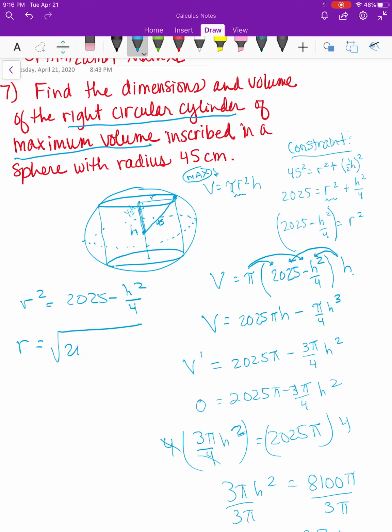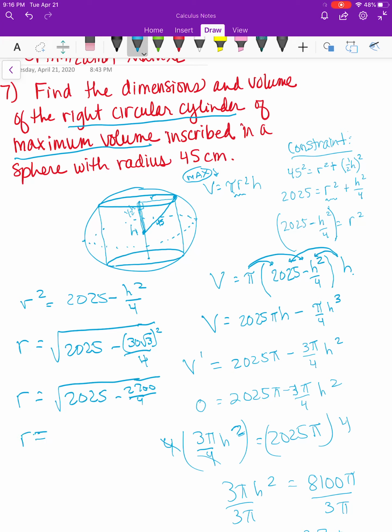Then I would have taken my r squared equation, and I think I'm going to go up here. My r squared equation was 2025 minus h squared over 4. So my r is going to be the square root of 2025 minus, and now remember, you don't want to use the decimal.